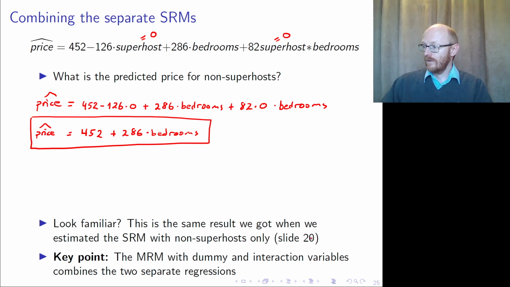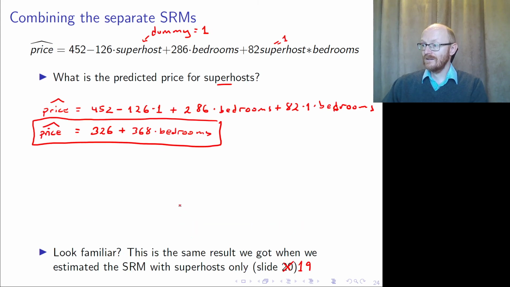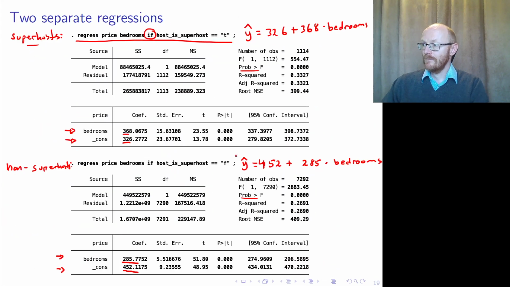Okay, so this is the same result as we got at slide 19 when we estimated the simple regression model with only the data for non-superhosts. Then we got the intercept equal to 452, exactly the same, and the coefficient on bedrooms was 286, exactly the same as we got.